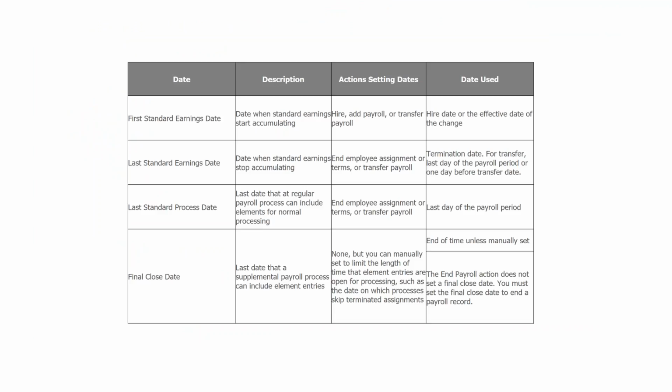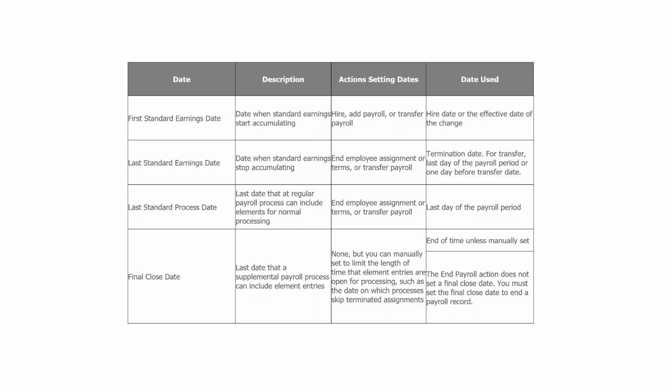Now if you specify the first standard earnings date, most of the time it is actually the hire date. Or if you do a transfer of an employee to a new legal entity, then it would be the transfer date of the employee.